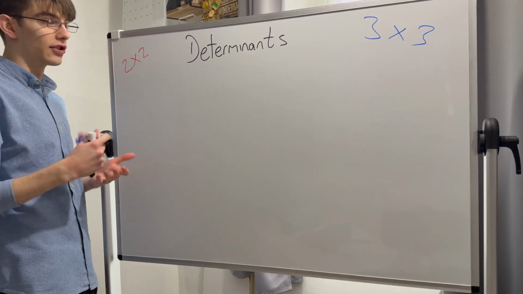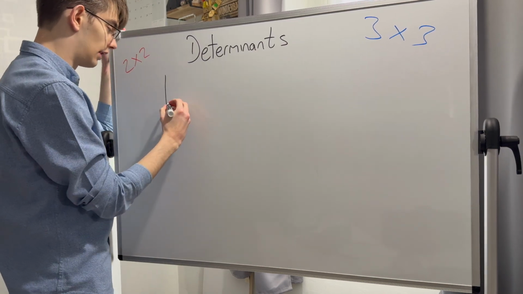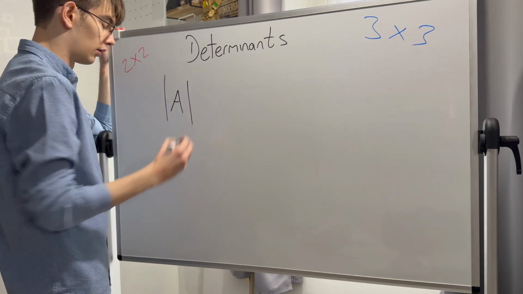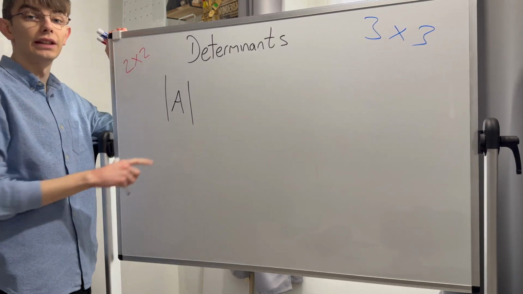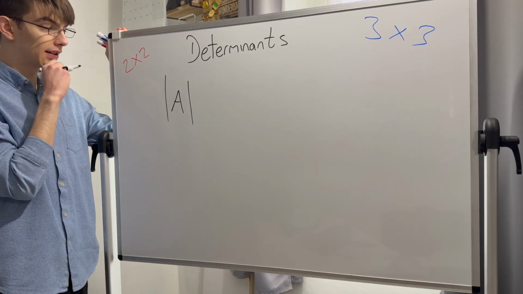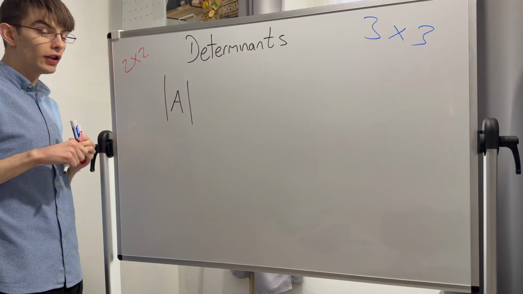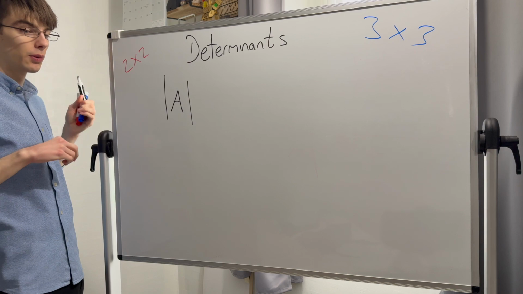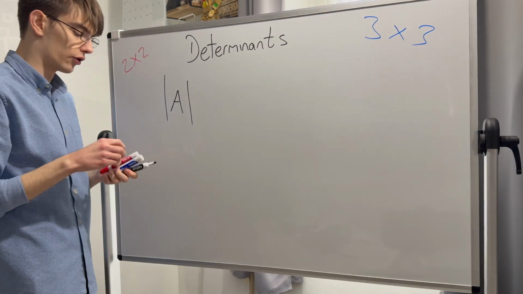Now, a determinant is written like this. It looks like a modulus, or an absolute value of A, A being the matrix in question. In order to find the determinant of a matrix, first we need to establish whether we're working with a 2x2 matrix or a 3x3 matrix.